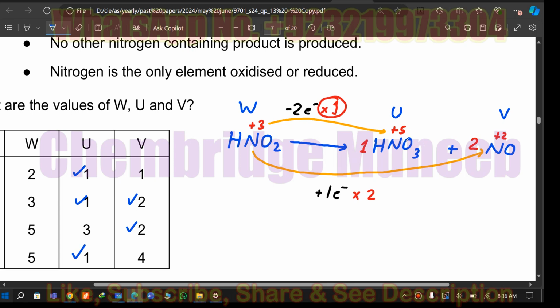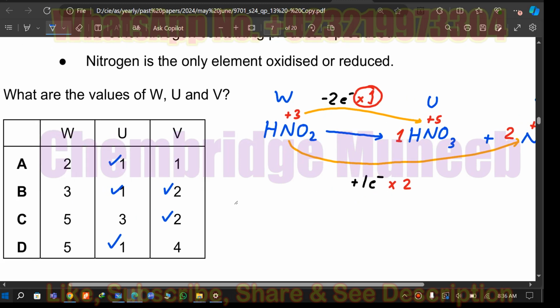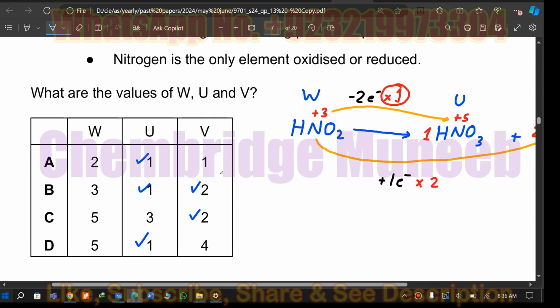To balance the electrons, we needed to multiply these numbers with the respective products, but we do not know which number should be given to W, because if you apply all these combinations, you can try it by yourself, you will not be able to balance any one of the elements.